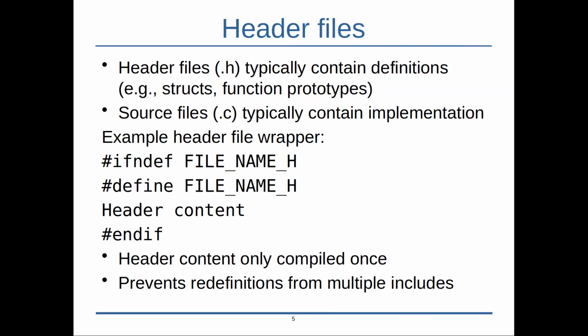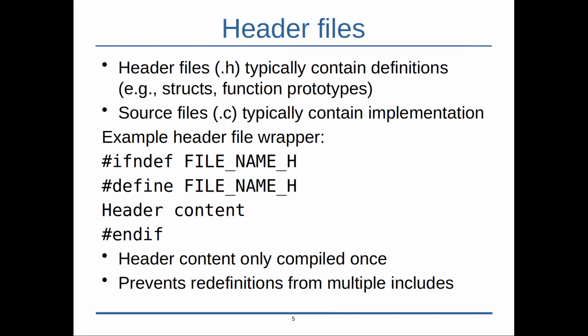So I'm going to include types.h twice, and I don't want to do that. This is why I have that kind of protection at the very beginning of the header file. So the first time you include this header file, it will check if FILENAME_H is not defined. Yes, it's not defined yet. So then it defines FILENAME_H.